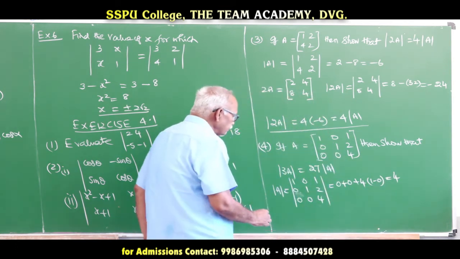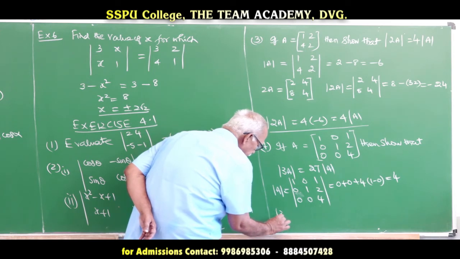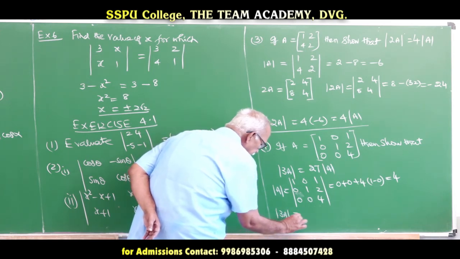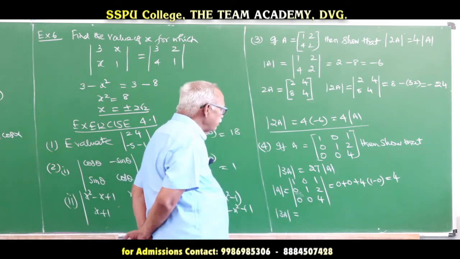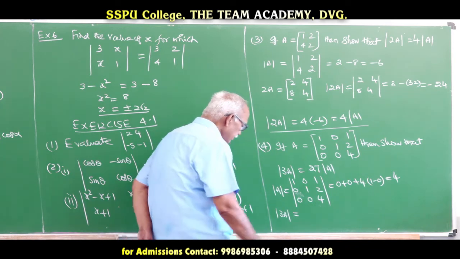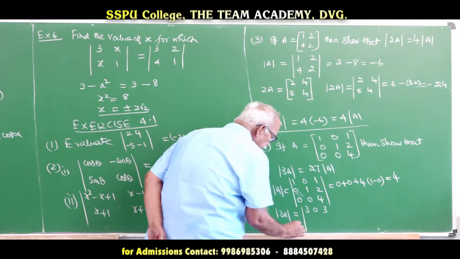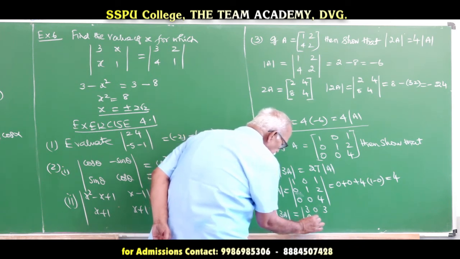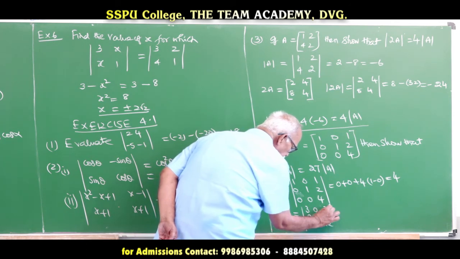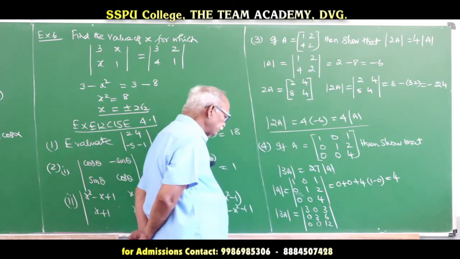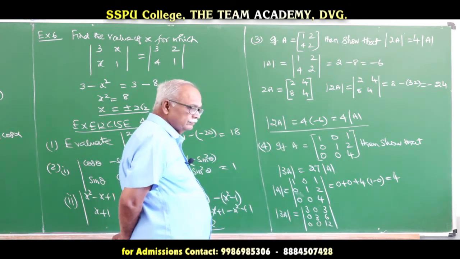Okay. Now, let us take determinant 3A. Determinant of 3A, that is 3, 0, 3, 0, 3, 6, 0, 0, 12.